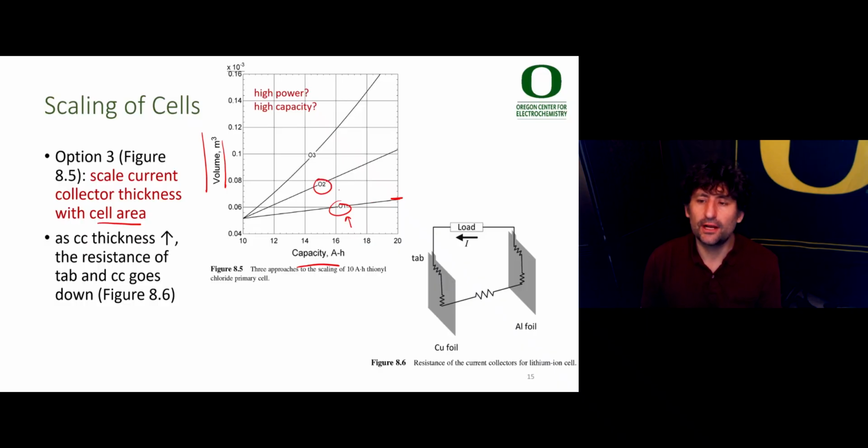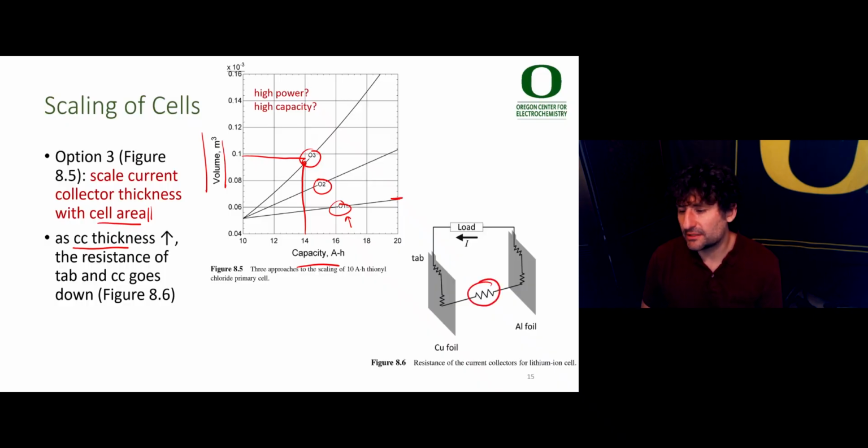Option 2 is somewhere in the middle. And option 3 has the worst capacity for a given volume, but because we've increased the thickness of the current collector, scaling with cell area, we've maintained the same power as in option 1 as we increase the capacity of the cell. You can model it like this.